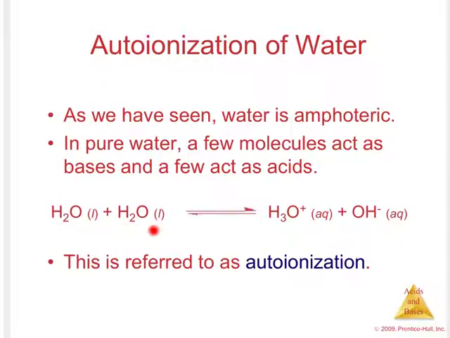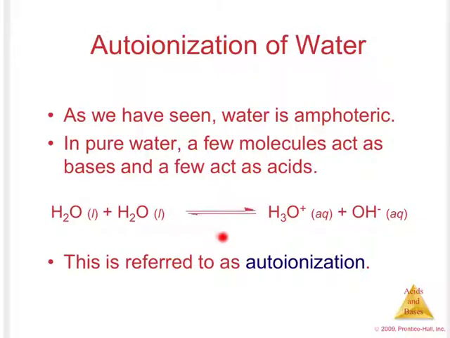And when they do, every now and again, a hydrogen ion will come off of one water molecule and go and bond to a neighboring water molecule, forming a hydronium ion, where the water molecule has taken on the hydrogen, acting as a base, and leaving hydroxide ions where the water has acted as an acid. And so this process is referred to as the autoionization of water.